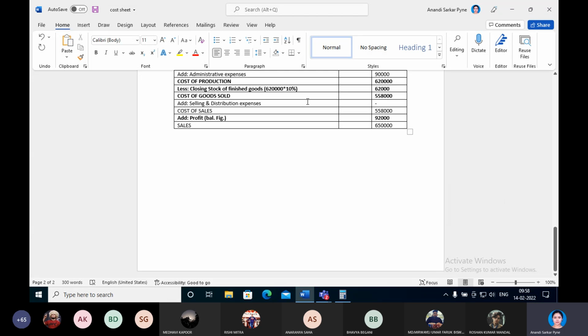Okay, so this was one type of problem. Another type, very much similar to the previous one, is like this. Problem on finding out yields, purchased.